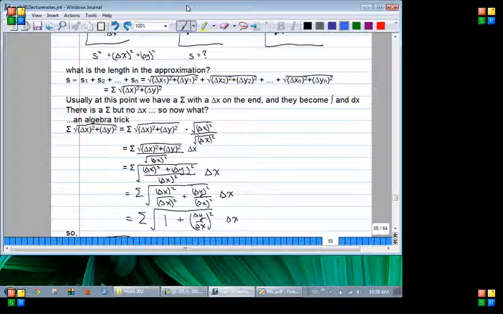If delta x passes to dx, what happens to delta y? It becomes dy. And that's just the derivative. And what is dy over dx? It's the derivative.